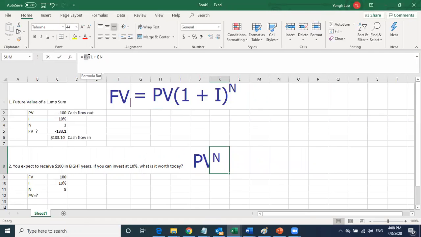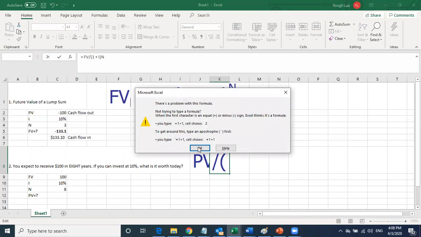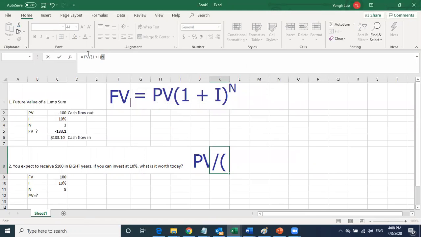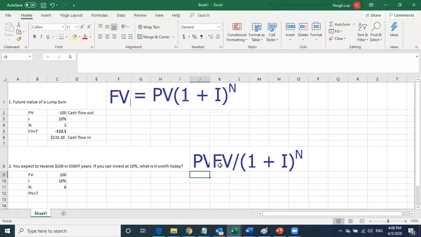Okay, the present value will be your future value divided by, okay, so it's, this is your present value. I want to go equal sign here.